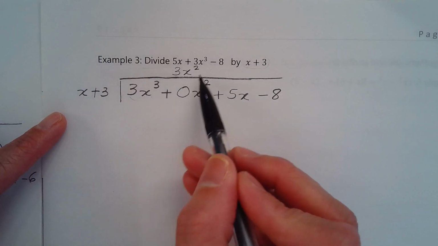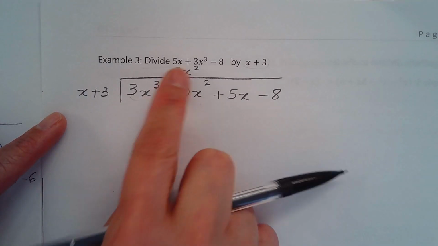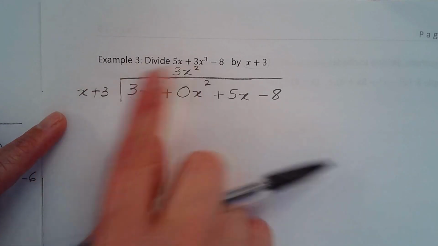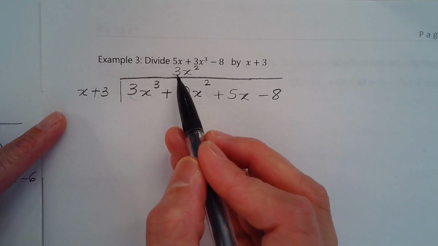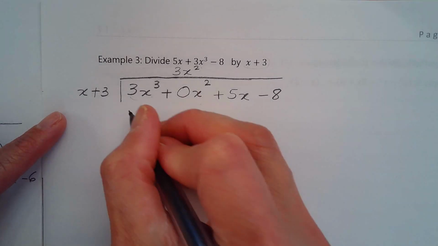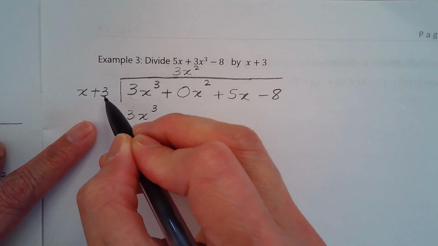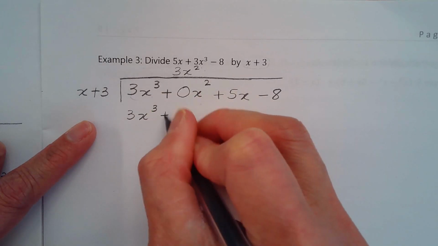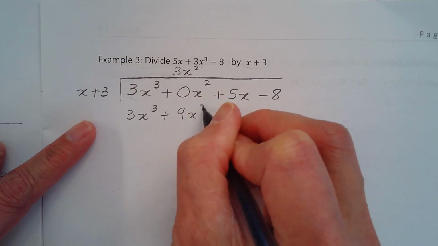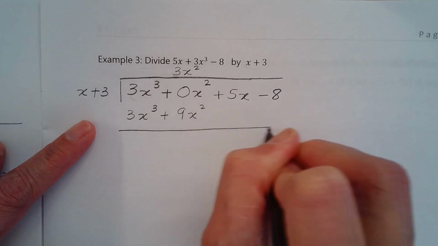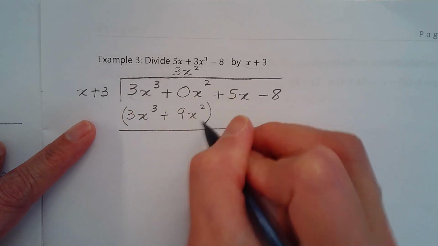And then from here, you're gonna divide only the one thing, but when you multiply, you multiply with both. So 3x squared times x is gonna be 3x cubed. 3x squared times 3 is 9x squared. We're gonna subtract that.